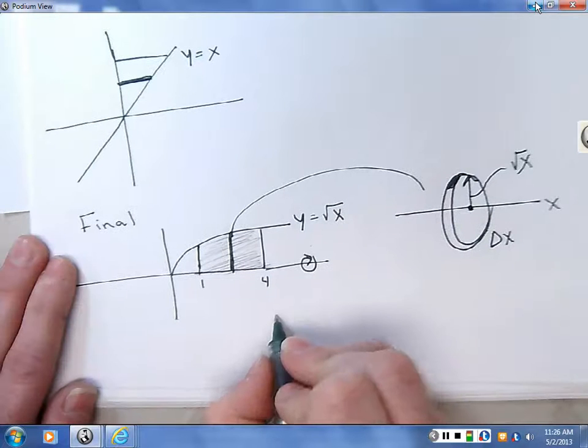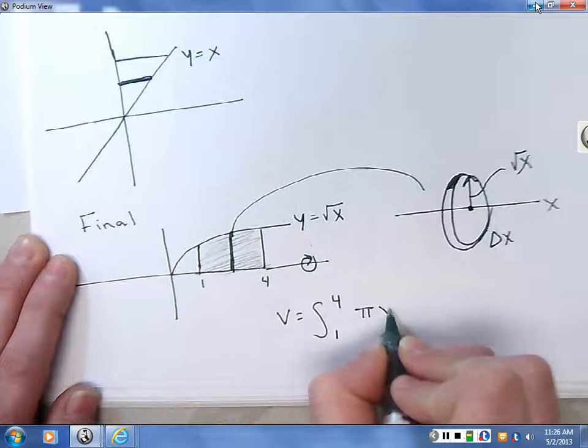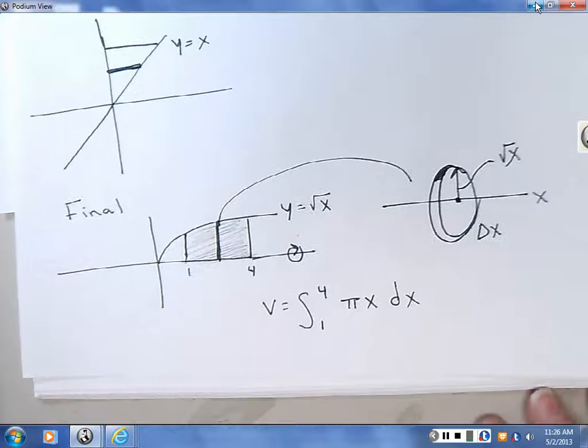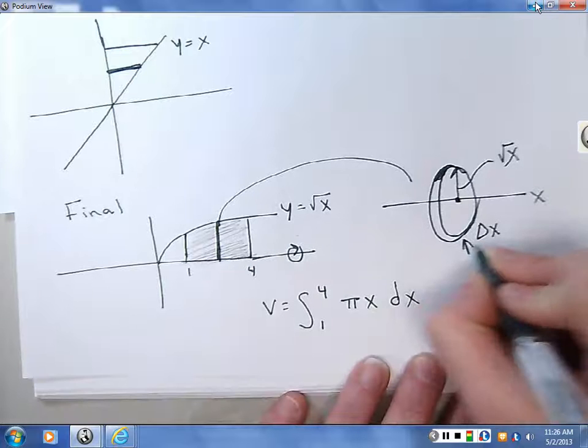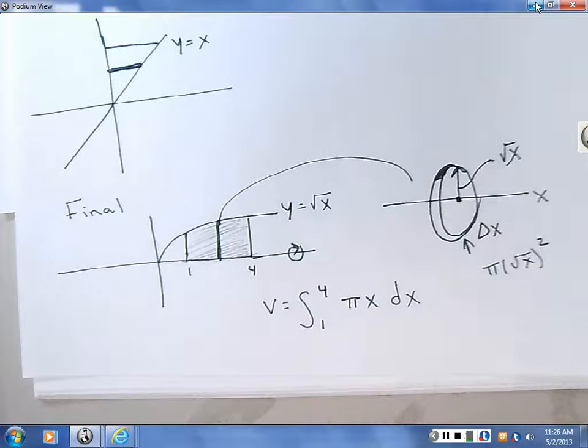What is the volume? Integral from 1 to 4 of pi x dx. Right, because this area is pi times square root of x squared. Does that make sense? So integrating this is no problem at all, right?